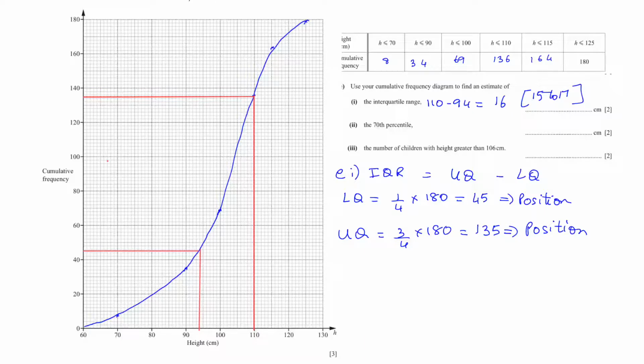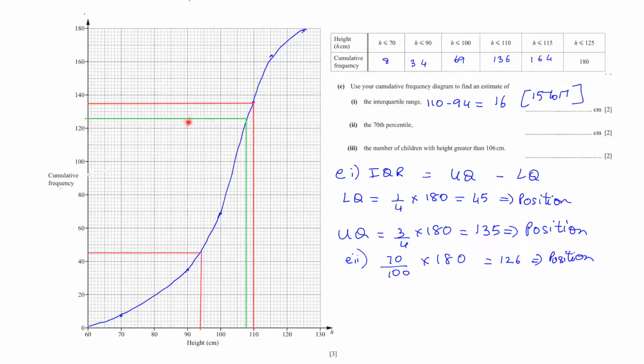Next, we have to find the 70th percentile. So for this question, we will find 70% of 180, which is 126. Again, this is on the y-axis, this is the position, and we have to find the corresponding x value.